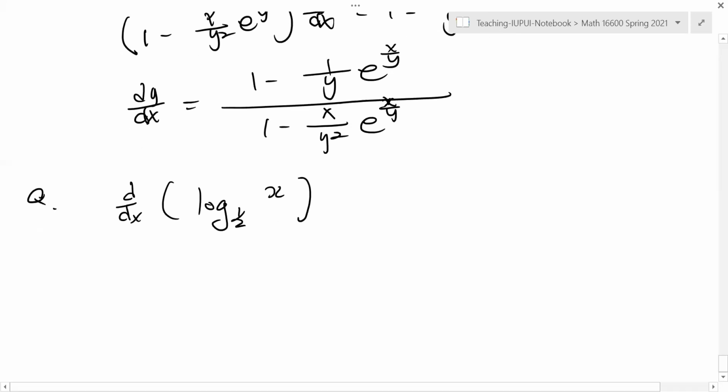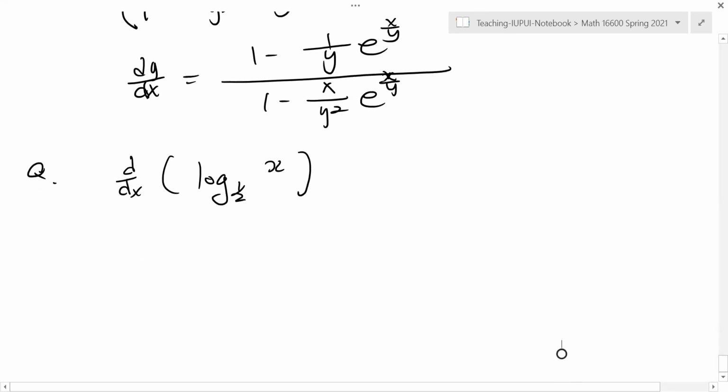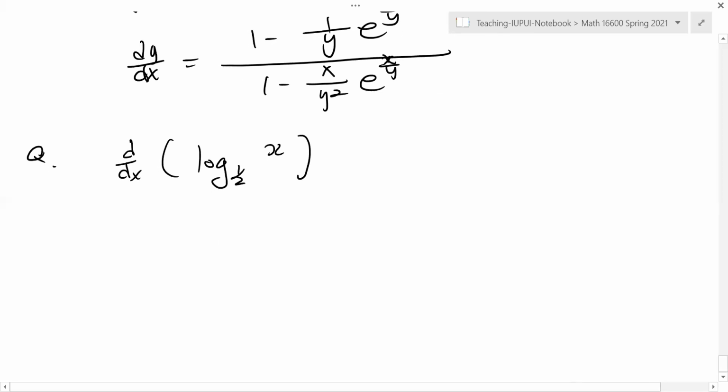But you need to know how to find it. This problem is the topic for next time. So the derivative of e to the x is going to be e to the x, right? How to find the derivative of natural log of x? What does it equal?